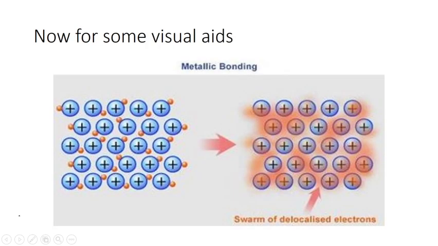Some visuals. Okay, metallic bonding. These are both representing the same thing, right? Over here on the left, you can see that really represented, the electrons are not particularly associated or not really in the same spot.